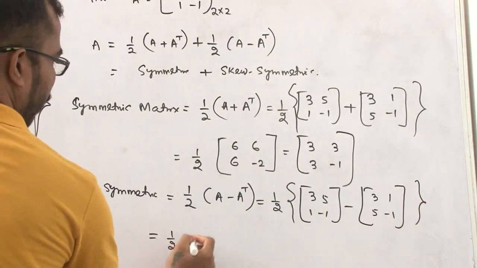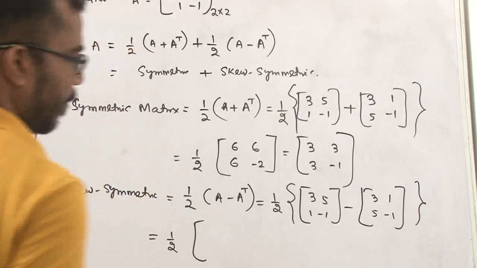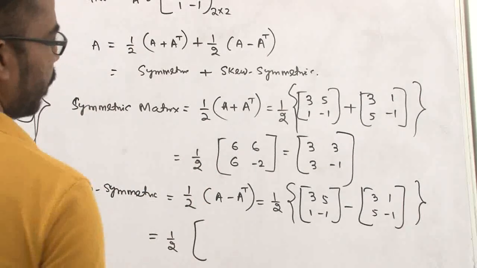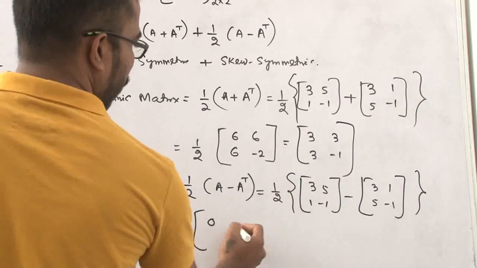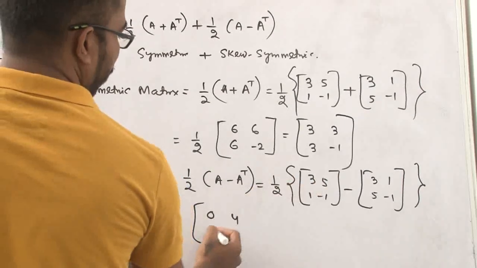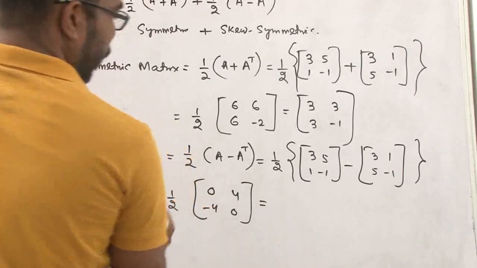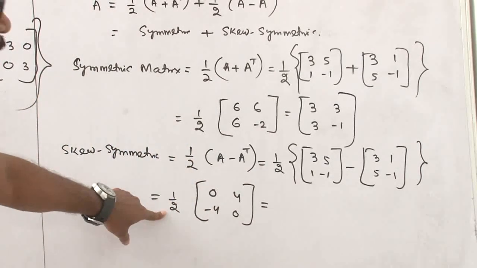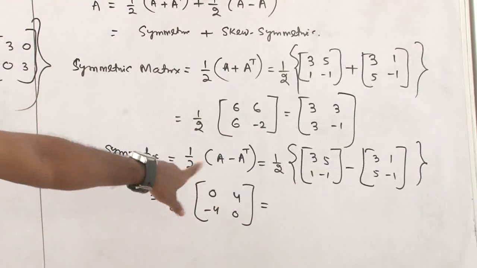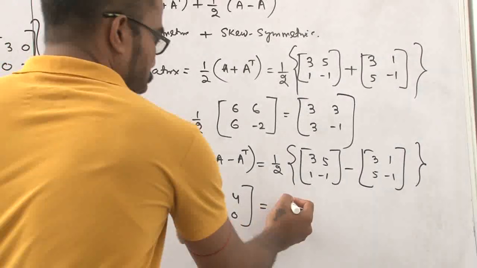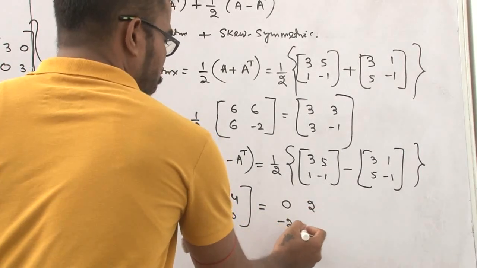So we get half of, if we subtract, 3 minus 3, that is 0; 5 minus 1, that is 4; 1 minus 5, that is minus 4; minus 1 plus 1, that is 0. If we scalar multiply half to every entry, then we get [0, 2; minus 2, 0].